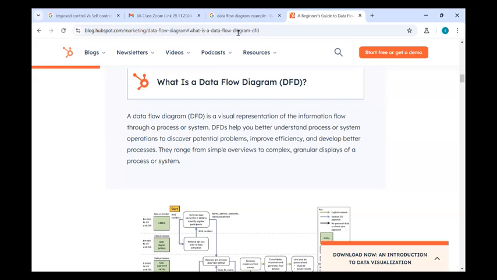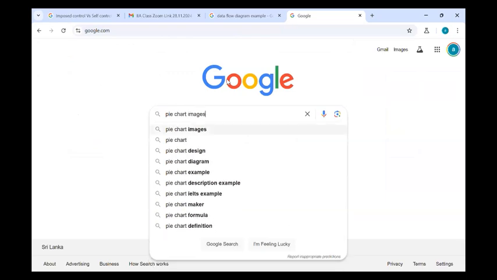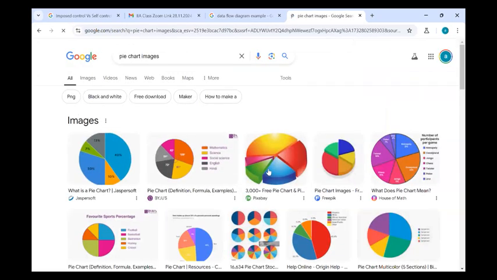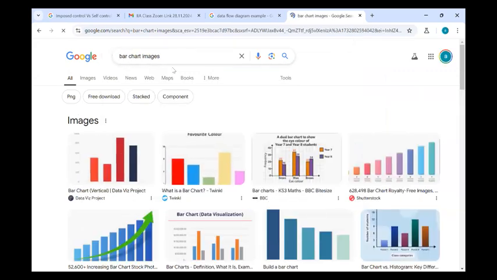So you also need to know what a pie chart is, right? These are pie charts. I hope you can see it on the screen. Then you know what bar charts are. These are bar charts.